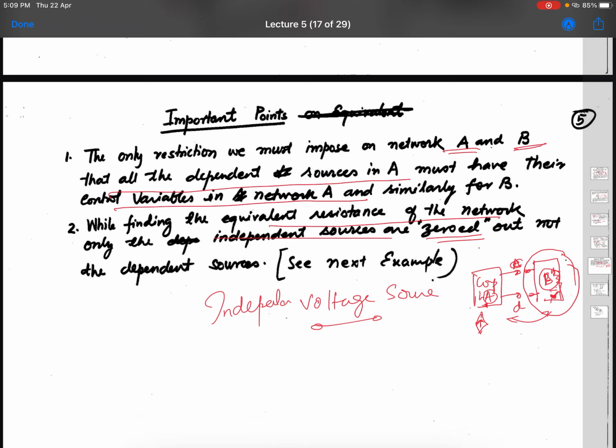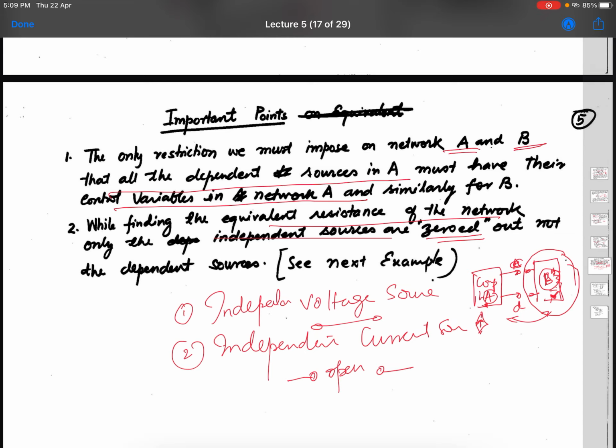Okay, short those terminals of the voltage source together, and that is how you remove a voltage source. Similarly, if it is an independent current source, then in that case you have to keep the terminals open wherever the current source was connected. So that is how you zero out all the independent sources.